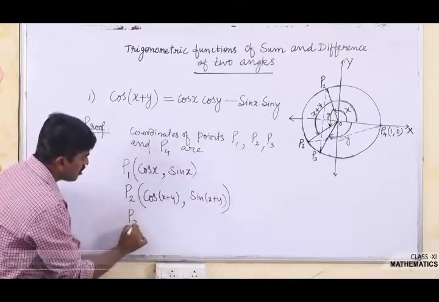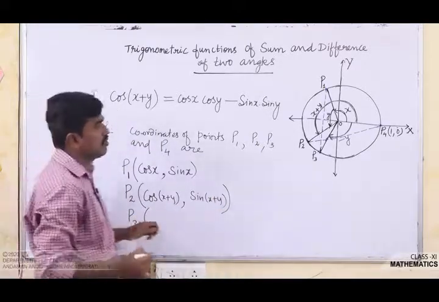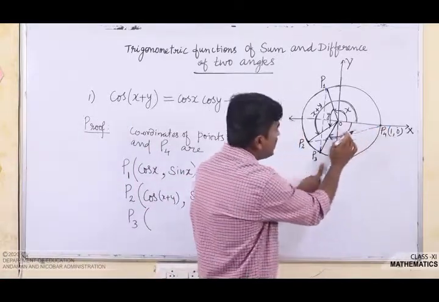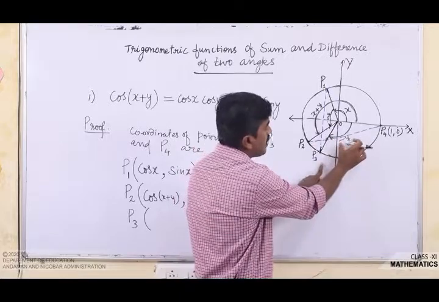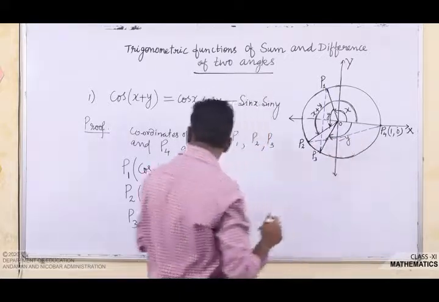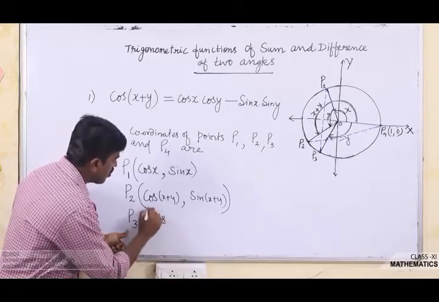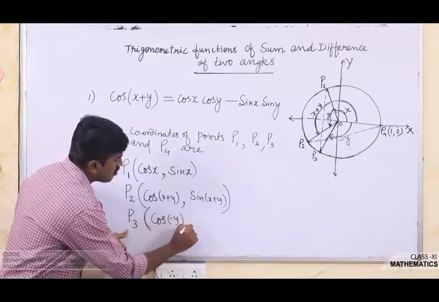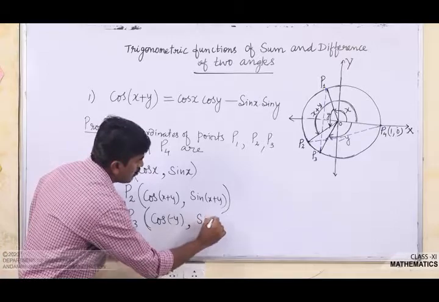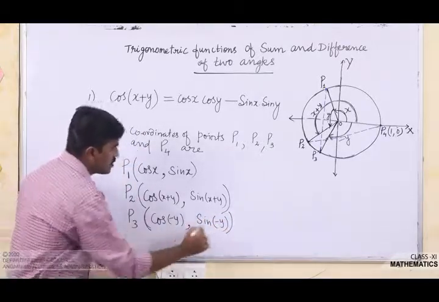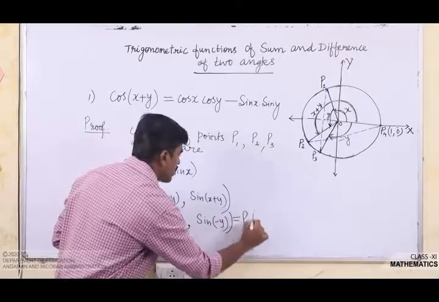Now, what are the coordinates of the point P3? Here, this angle is measured clockwise, so the angle is taken as minus y. So, the coordinates of the point P3 can be taken as cos of minus y comma sin of minus y. It can also be written as the coordinates of P3.